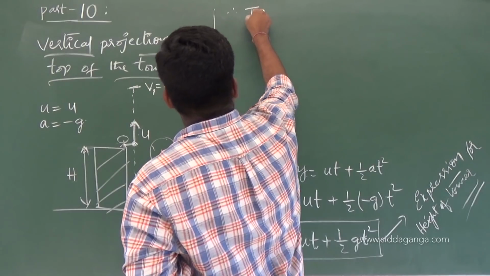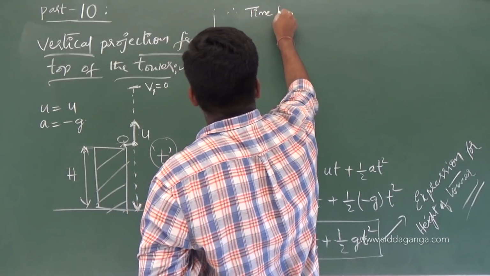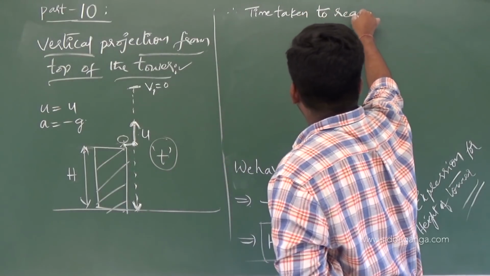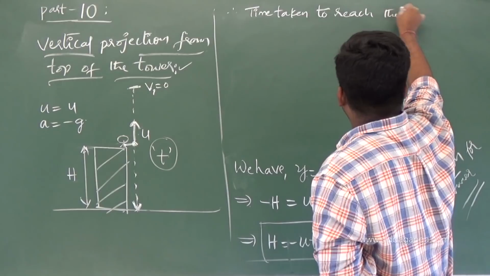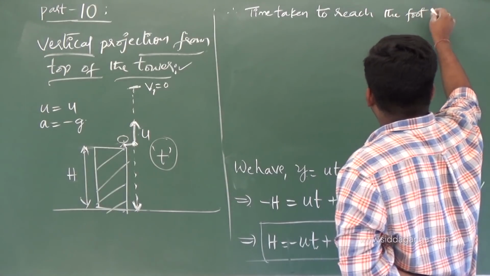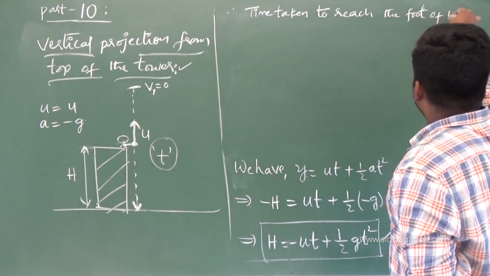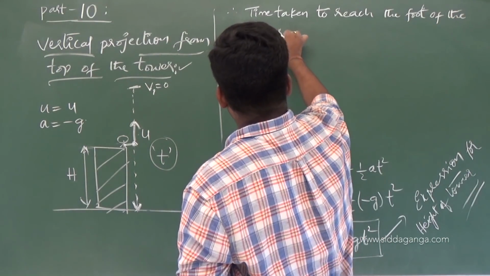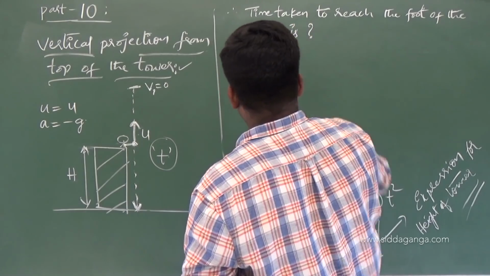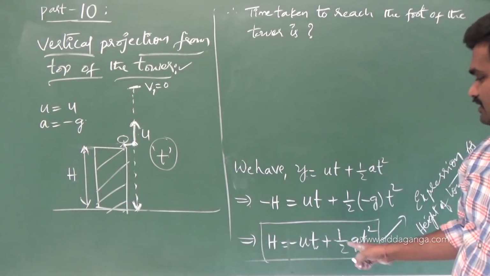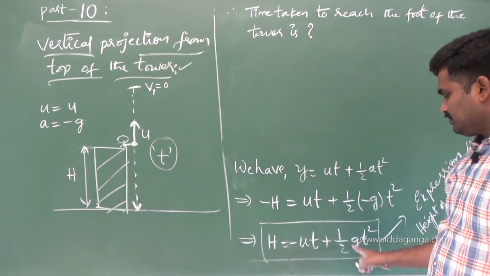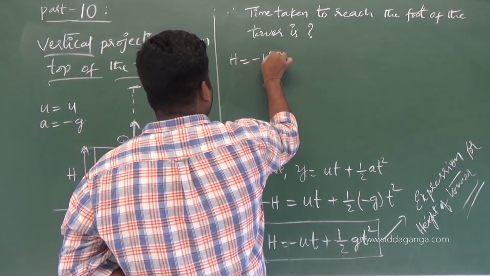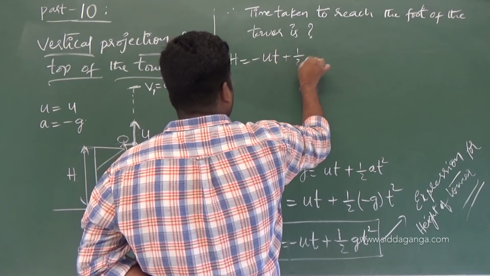Therefore, time taken to reach the foot of the tower is question mark. So we need to solve for it now. What is the equation we are having? h equals minus ut plus half gt square.